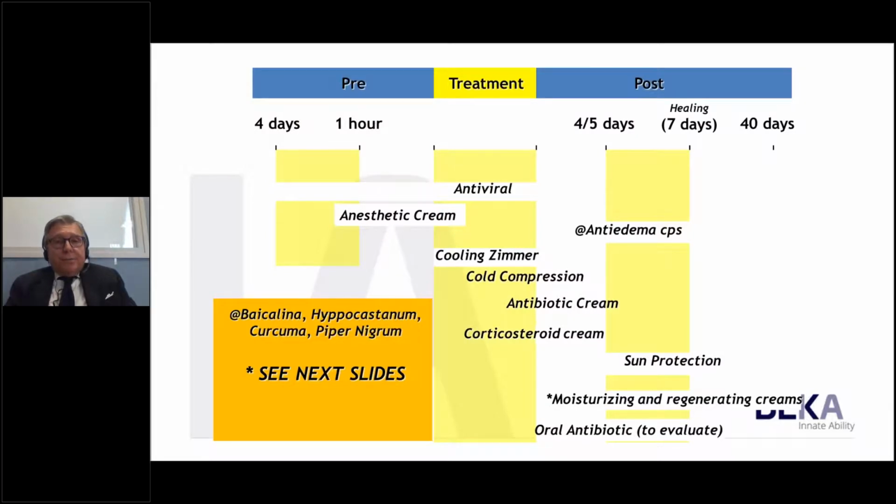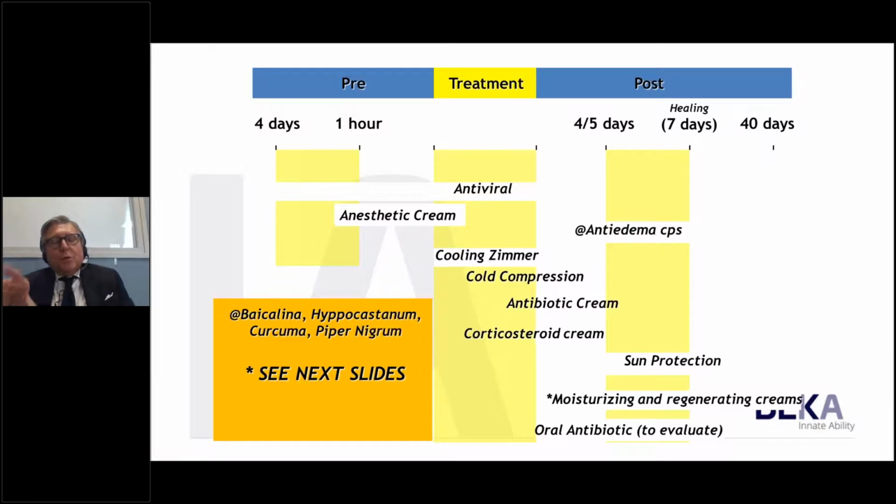An important slide here: the pre-operative evaluation, treatment and post-op treatment. First of all, before the treatment, we start to use only the topical anesthetic, reducing the numbness more and more as time goes on when we apply the topical.